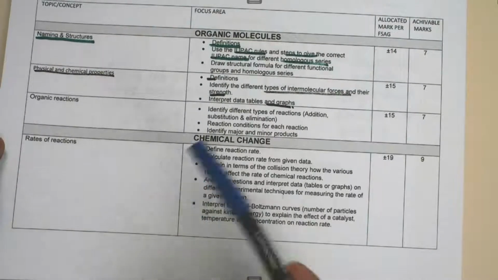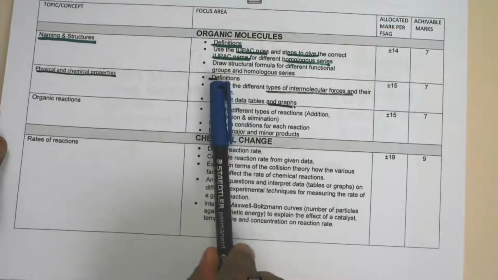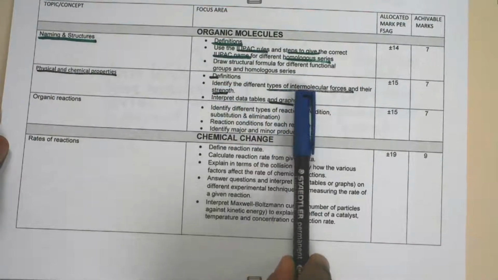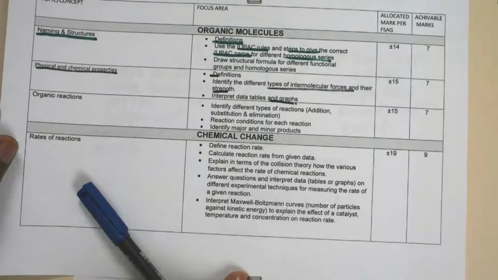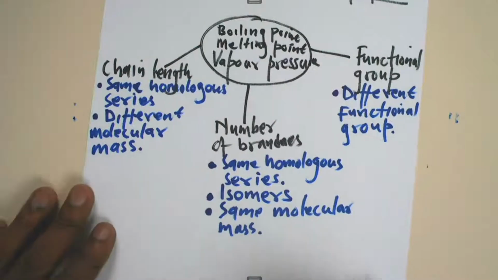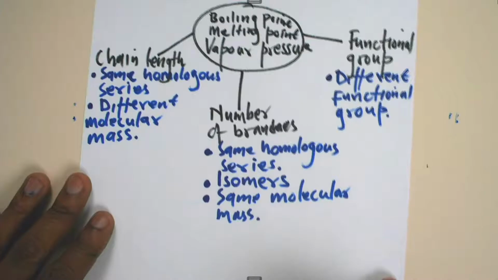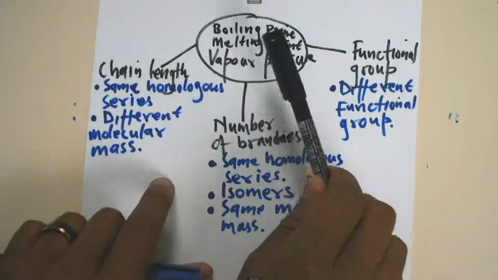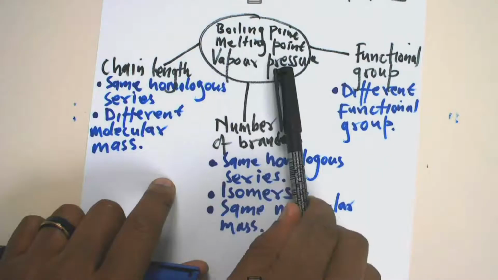So I was in a position of saying the definitions are key, and identify the different types of intermolecular forces and their strength. But I said before, what physical and chemical properties am I looking at? I am looking at boiling point, melting point, and vapor pressure.